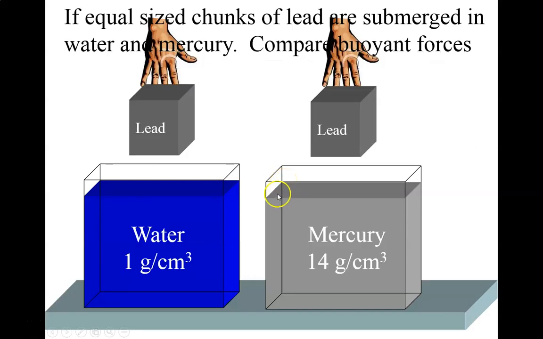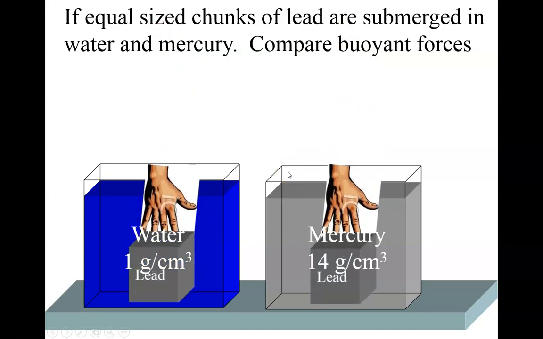Now if I put a chunk of lead in water and a chunk of lead in mercury, which is going to have the greater buoyant force? Or would it be the same? Remember, it's not just the size of the object that's displacing. It's also equal to the weight of the fluid displaced.